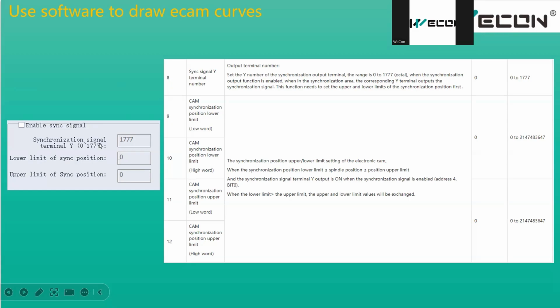And for this setting, we will have the corresponding index address in our DCAM data table. This is the Y terminal, lower limit and upper limit. Later I will show you in the program. You will understand it more clearly.